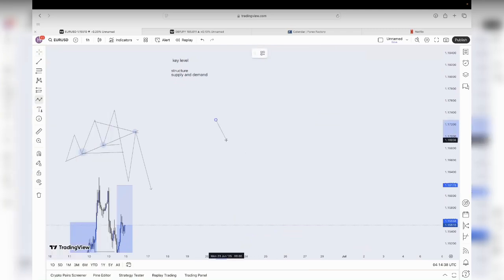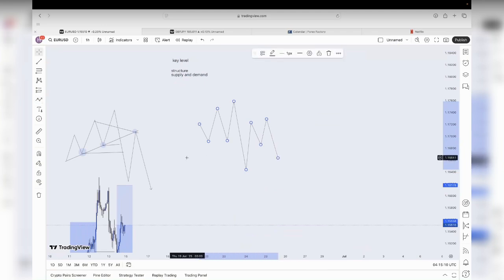Let's say the market does something like this.